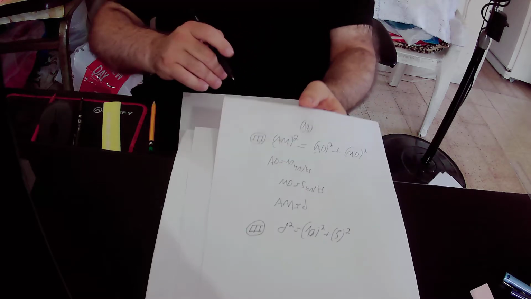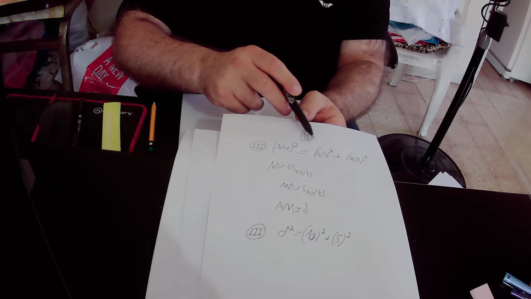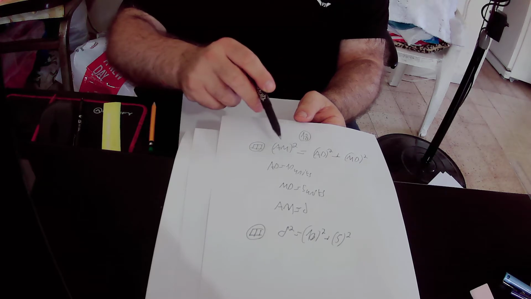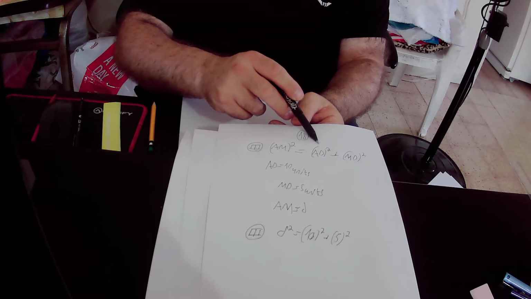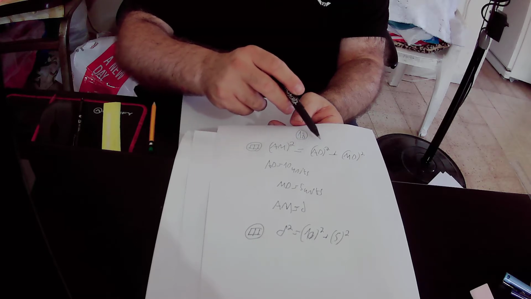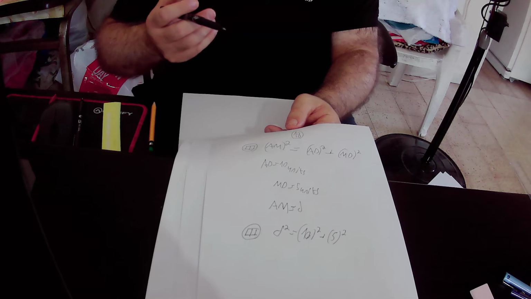We substituted AM by D because AM equals D, AD by 10 because AD equals 10, and MD by 5 because MD equals 5.